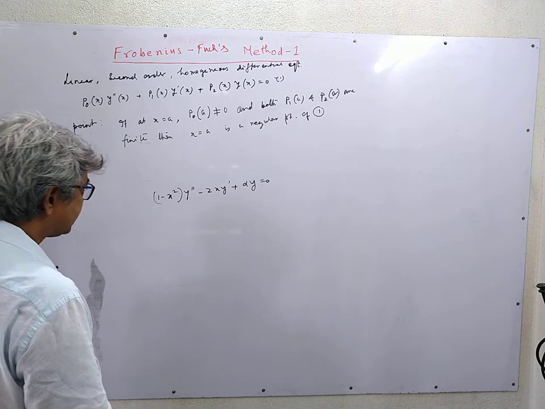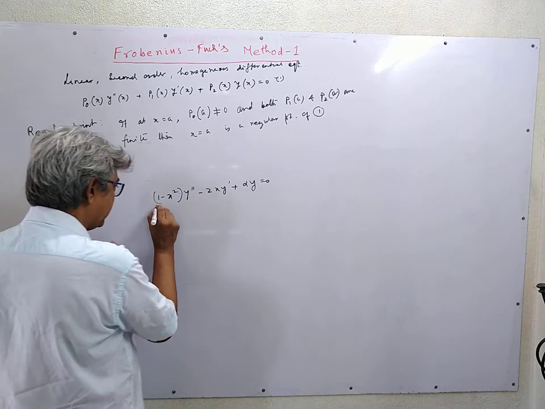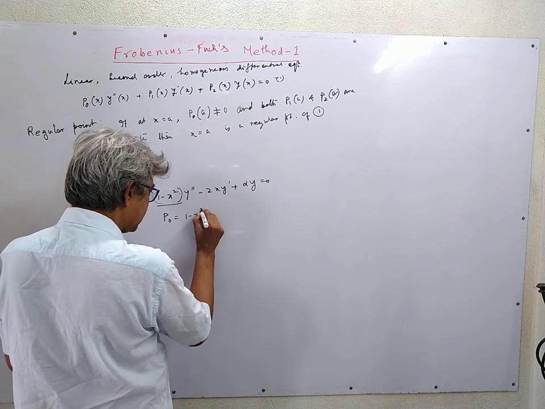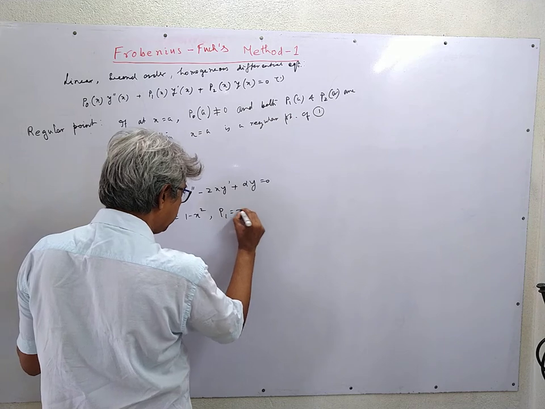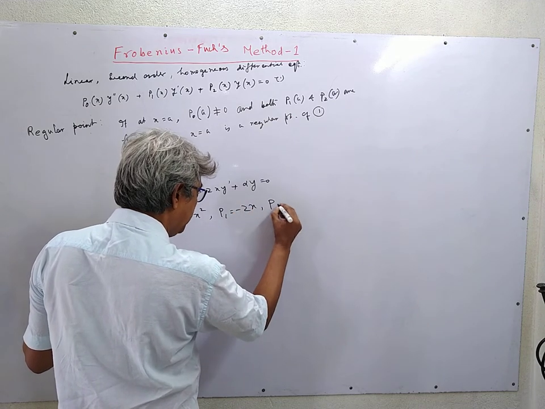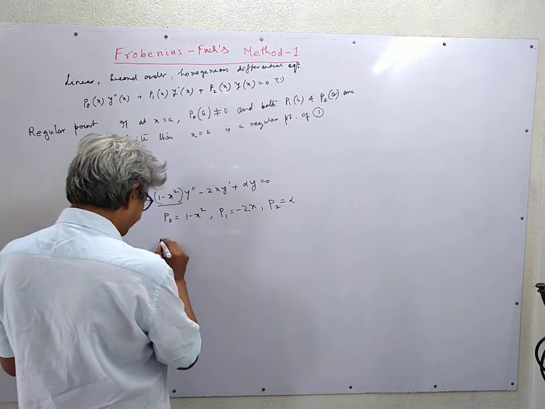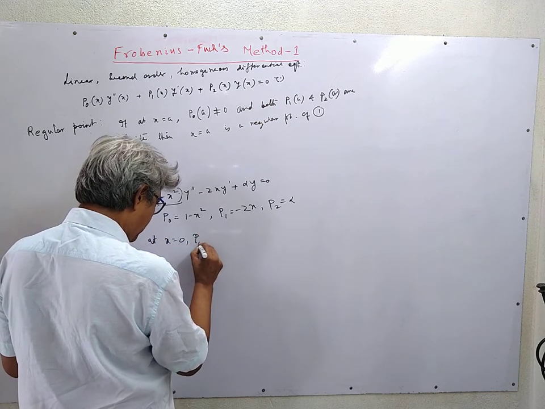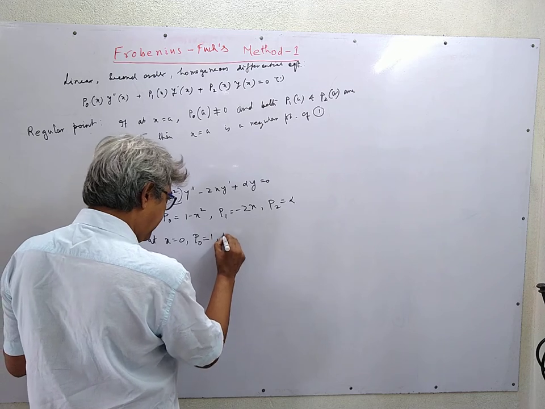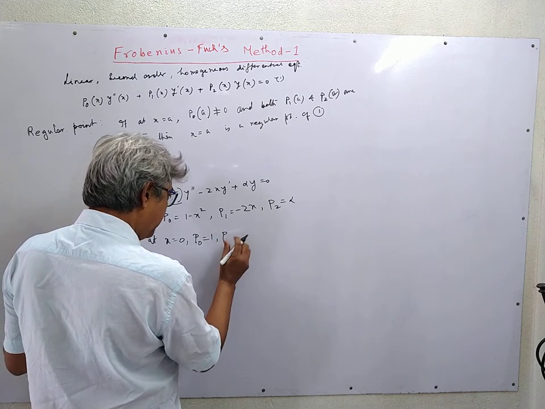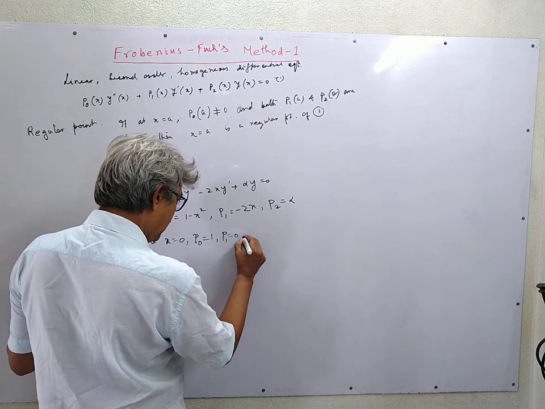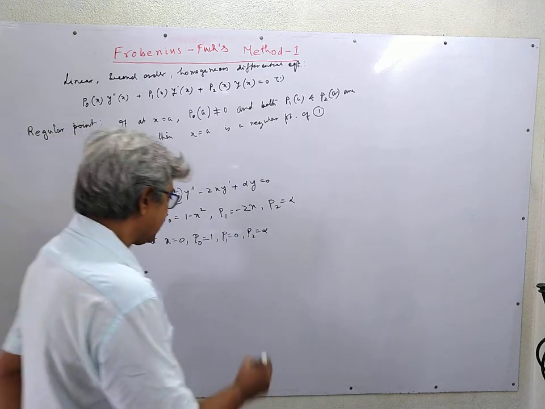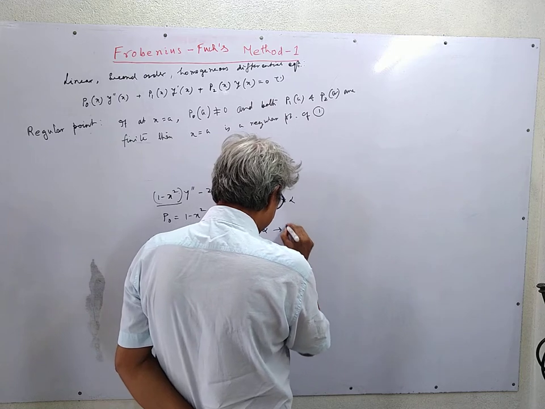Here P0 is 1 minus x square, P1 is minus 2x, and P2 is alpha. At x is equal to 0, P0 is 1, P1 is 0, and P2 is alpha. So x is equal to 0 is a regular point.